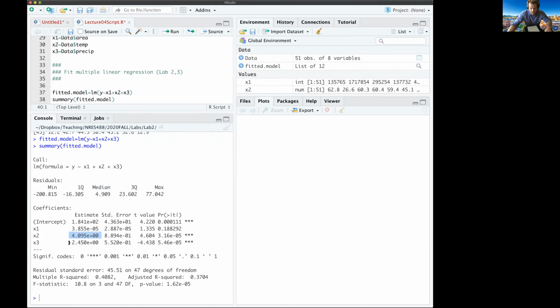X1, X2, and X3. Our objective is to interpret this output and say something about the response variable. How many birds are in each state? And is that related to our 3 covariates? We see what our standard error is down here, our standard deviation, sigma, 45.41.